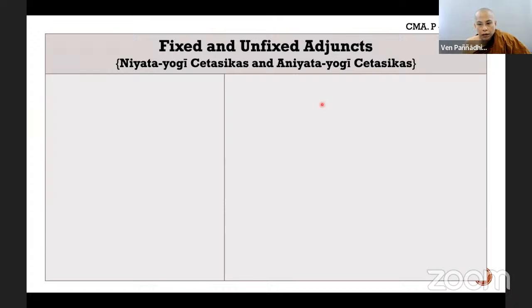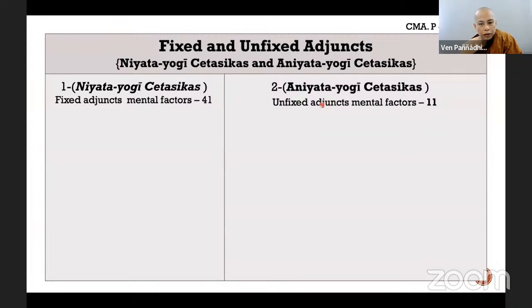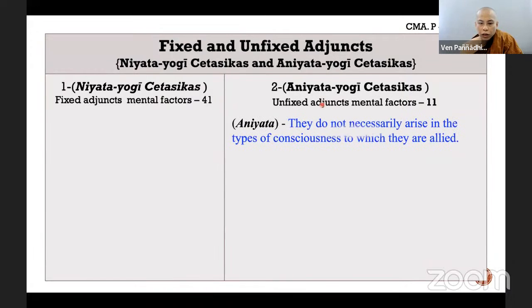Some mental factors share the same number of consciousness to associate with. That's why we made the groups. Some mental factors, like the Viratis, share the same number, but they do not associate together at the same time.